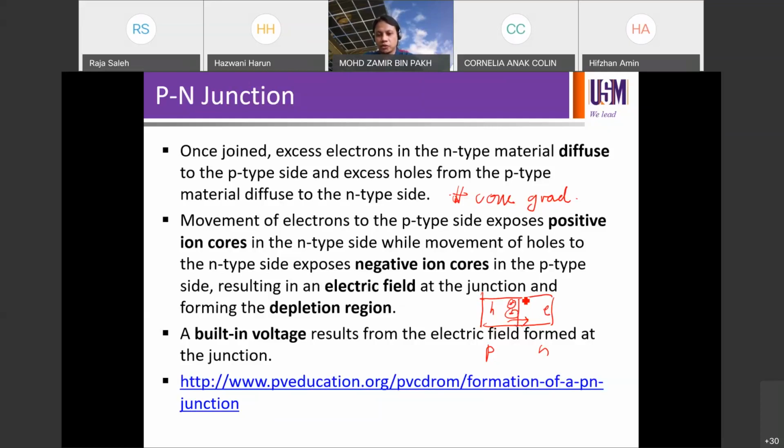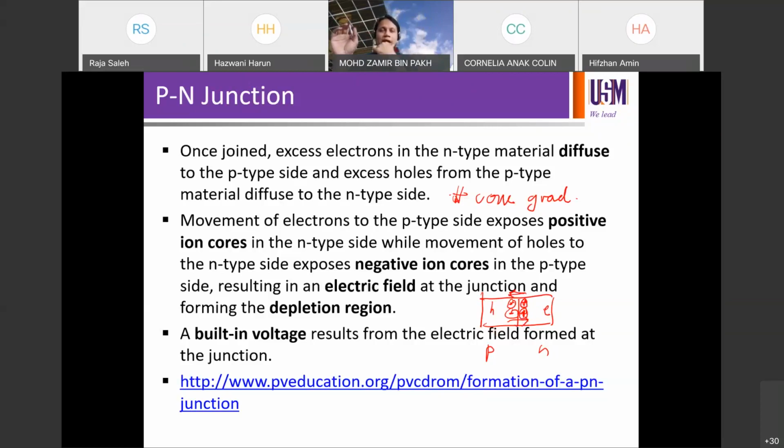And the same thing happens to the electrons. When electrons diffuse into the p-type, they're going to leave positive charges near the junction, fixed ion charges that are not moving. Electrons and holes are moving, but the ion charges are not moving because they are left by electrons and holes.